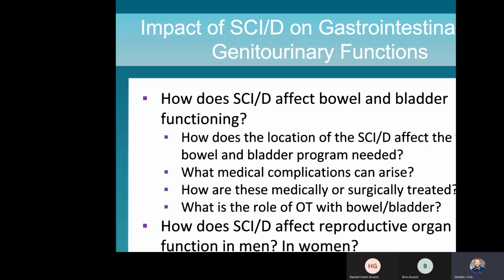But sexual activity is something that, if you think about the age of the person who typically experiences a spinal cord injury, is really important to them. CAMC has videos on the different positions and things like that. It's not porn videos. It's educational videos on sexual activity when you have a spinal cord injury.